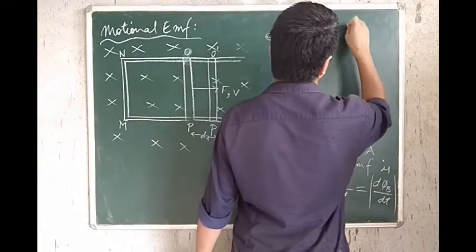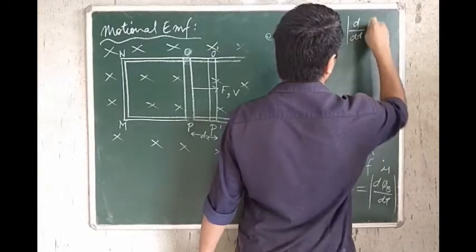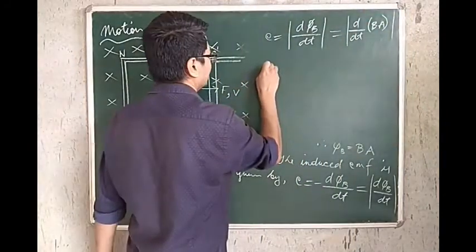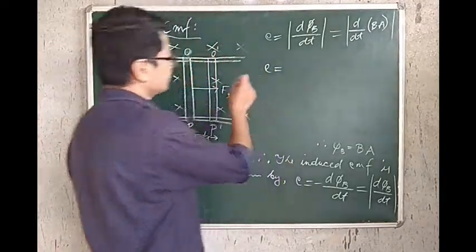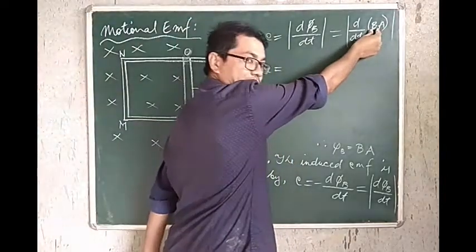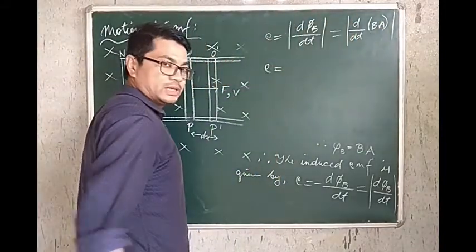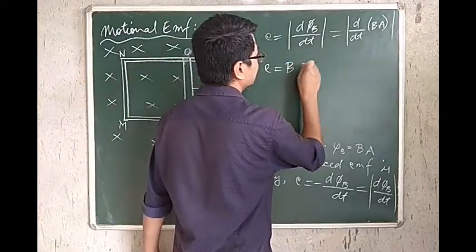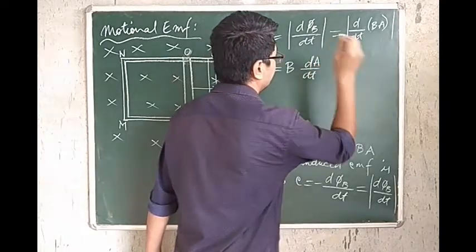So this is equal to modulus of d by dt of BA, please follow the mathematics. Now see, since we've already said the magnetic field B is a constant, B can easily come out of the differentiation. I almost said integration. So E is B times dA by dt.